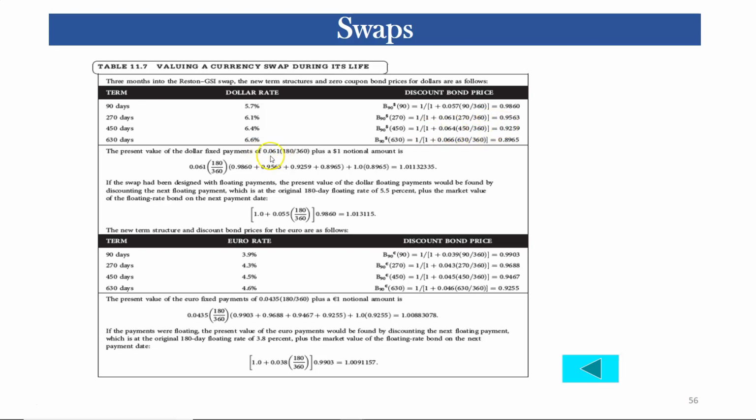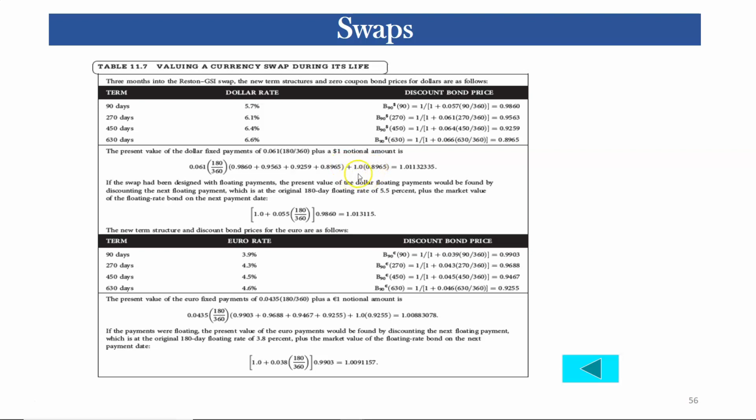On the dollar side, the fixed rate bond with a face value of $1 is expected to make interest payments at 6.1% semi-annually in 90 days, 270 days, 450 days and 630 days from now, and will also pay the $1 principal on day 630.